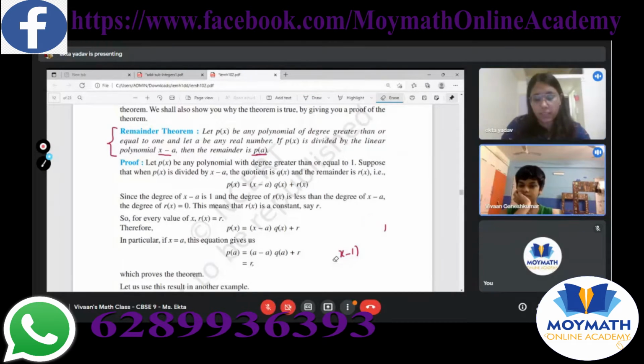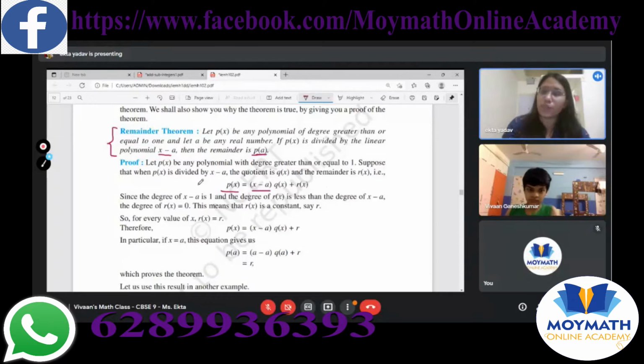They have taken a polynomial p(x), and we need to divide by x minus a. If p(x) is divided by a linear polynomial, we can write our polynomial in remainder theorem form: p(x) is equal to (x minus a) q(x), which is the quotient, plus the remainder.